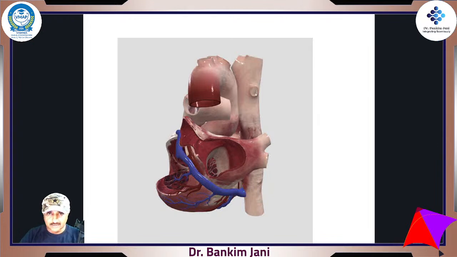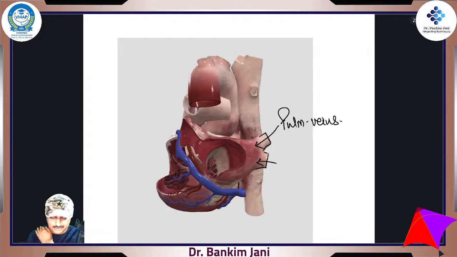Same thing, this is just from a different perspective. Which chamber is this? This is giving us the hint. We have rotated it completely and see these two are pulmonary veins. That means this chamber has to be the left atrium.